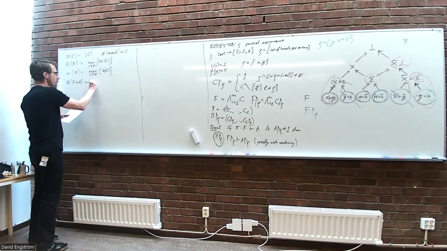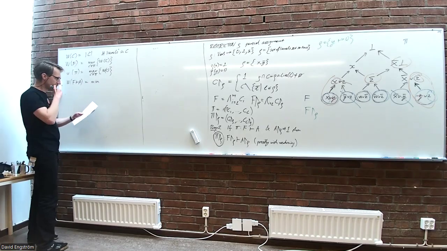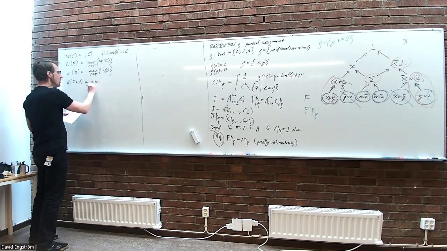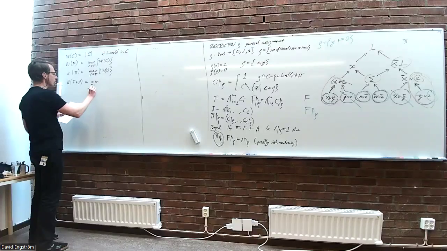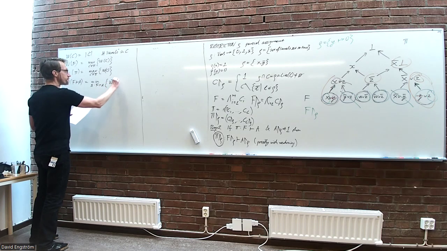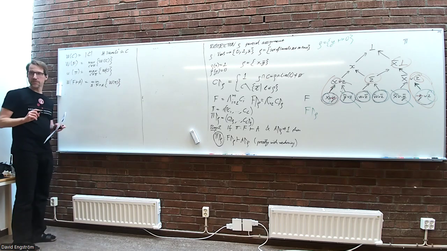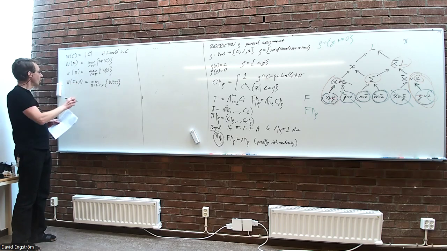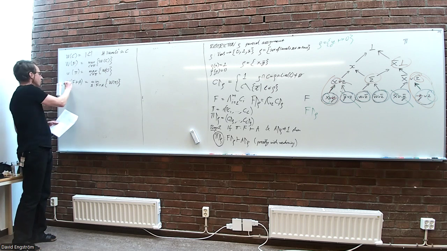But we're just going to look at all the possible resolution derivations that do derive A from F, and we take the minimum width. This is the width of deriving A from F in resolution.